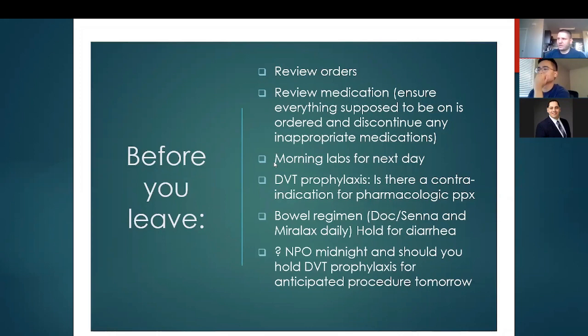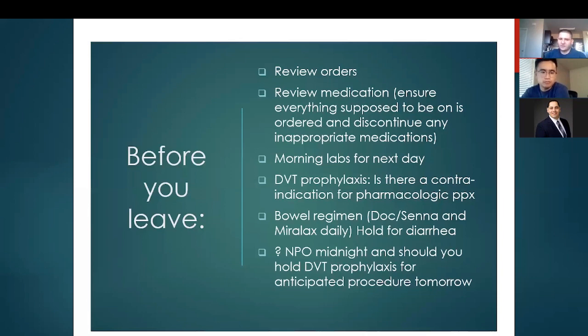As we mentioned earlier, check the morning labs, DVT prophylaxis, bowel regimen, and always think and anticipate procedures. If there is a procedure, should he be NPO at midnight? Should we hold his DVT prophylaxis? So that it will not delay his procedure. The last thing you want is to come in the morning and the patient was supposed to get a procedure to get him diagnosed, and they tell you, sorry, we cannot do the procedure.